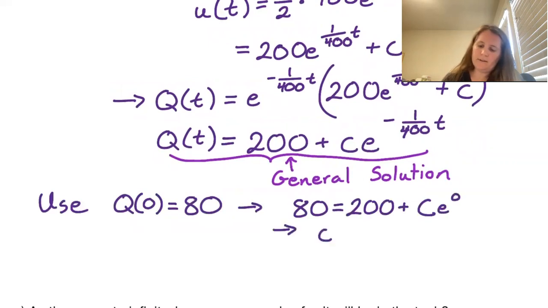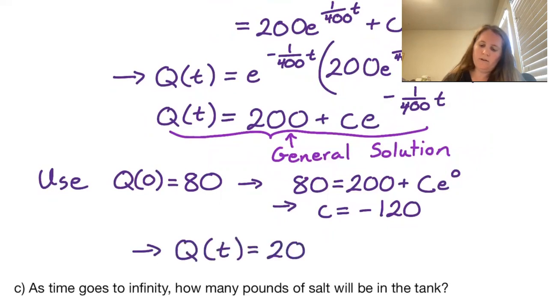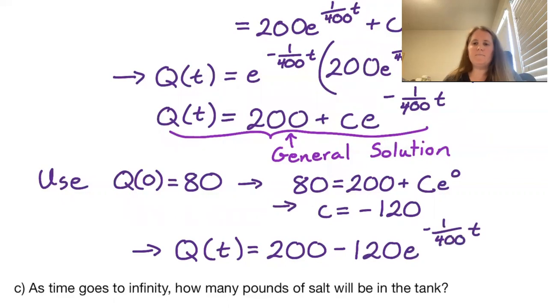And that leaves us with c as equal to negative 120. So we wind up then with Q of t is equal to 200 minus 120 e to the negative 1 over 400 t.